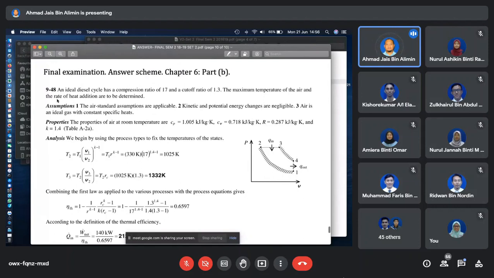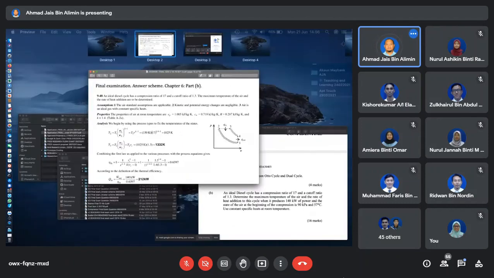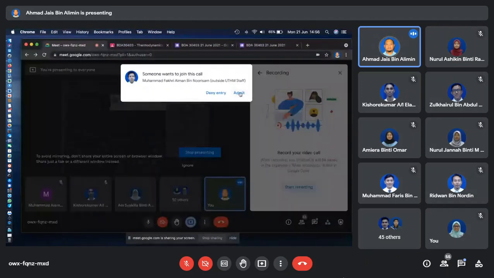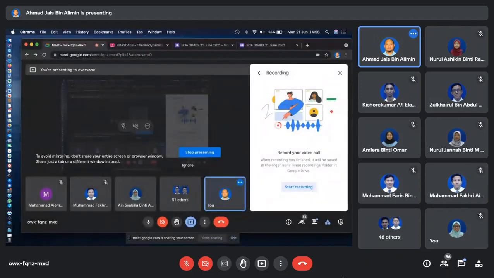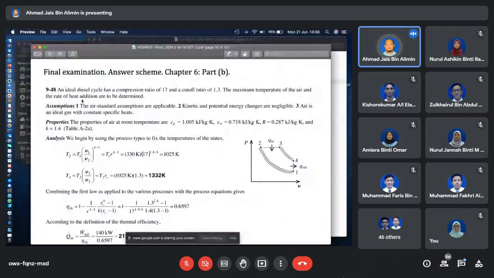And a note to the students: when you answer a thermodynamics question, it is best that you try to use this kind of approach, where there is no need to rewrite the question again, but you jot down or indicate the main parameters, and always write your assumptions at the top of your answer script.